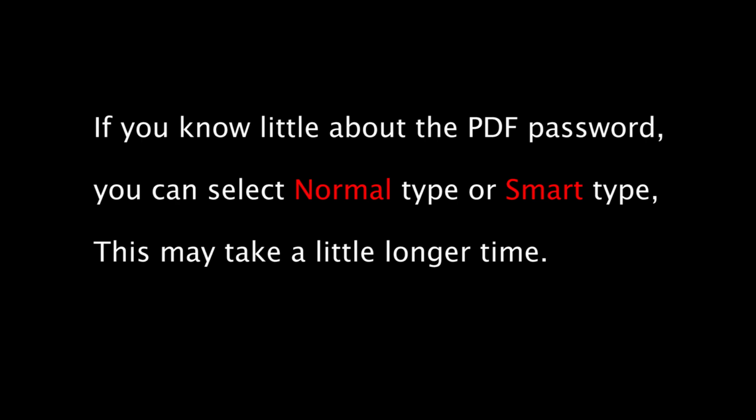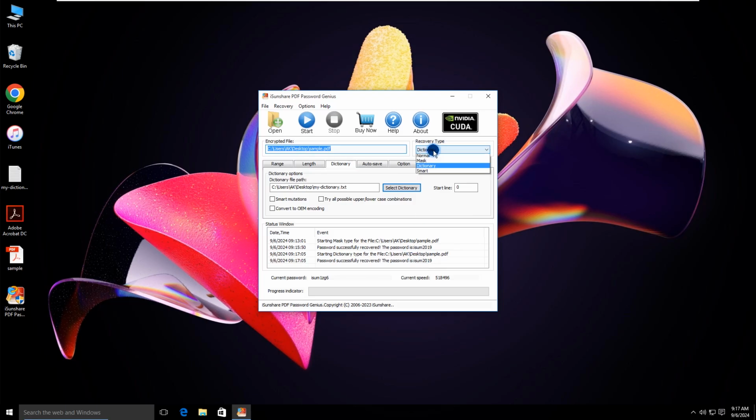If you know little about the PDF password, you can select Normal Type or Smart Type, but it will take a longer time to recover the password. Select the recovery type. To speed up the recovery process, you can provide the password details if possible.